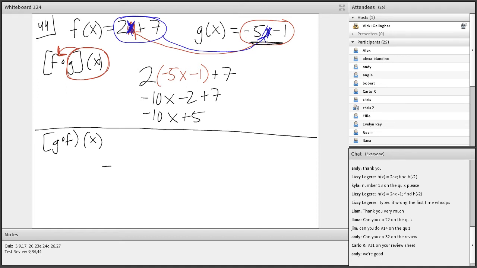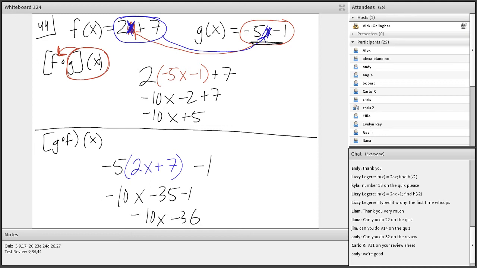So the g function starts with a -5. And then instead of my letter x, I'm going to write my f function, my 2x plus 7. And then I finish it up with that -1 that was at the end. And then we go from there. And so the answer to the second half of problem 44 is -10x minus 36.